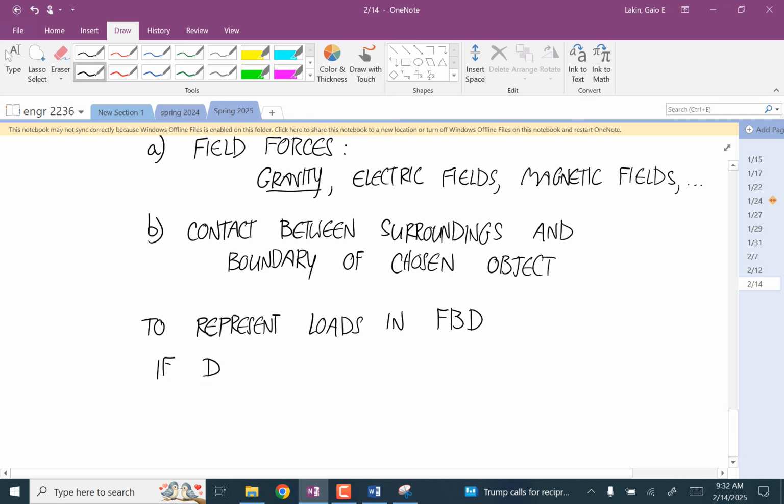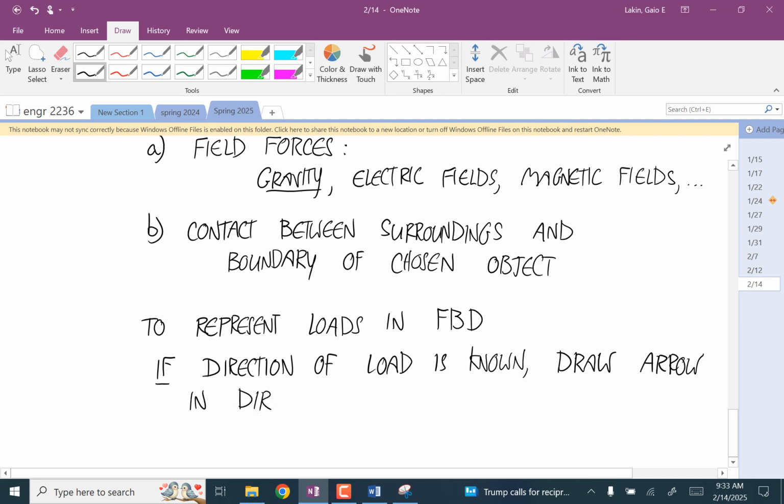If the direction of the load is known, draw an arrow in the direction of that load, and then label it with a scalar variable or value.